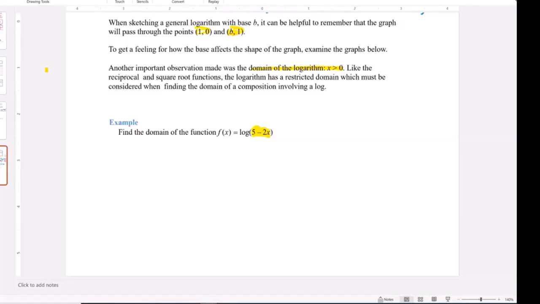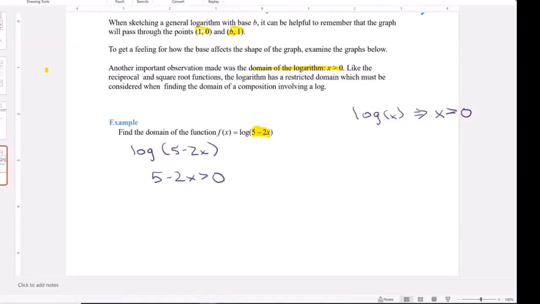So we said that if we have log of x, then x has to be greater than 0, not greater than or equal, greater than. So if I have the log of 5 minus 2x, and I want to know what the domain is, I have to say 5 minus 2x is got to be greater than 0.